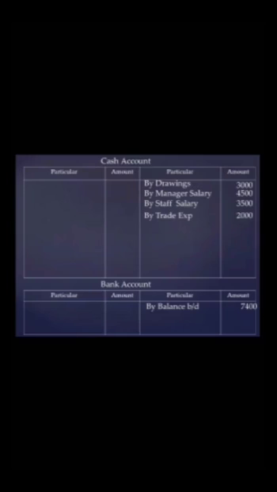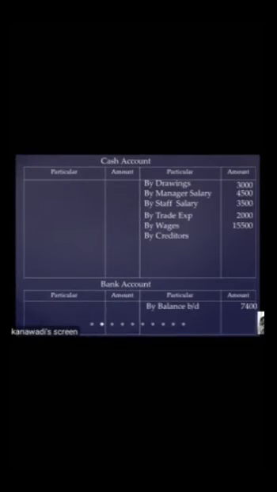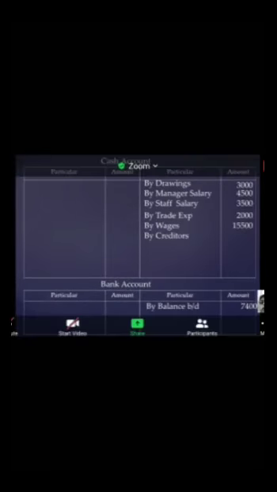Trade expense 2,000. Okay. After the trade expense, there are wages. Wages is also a payment, 15,500. Next is cash paid to creditor. Cash paid to creditor goes to the debtors and creditors account. No other items are there. From the first to the last you come.